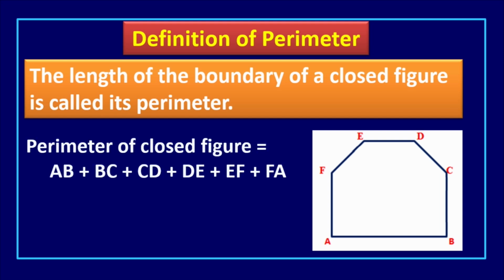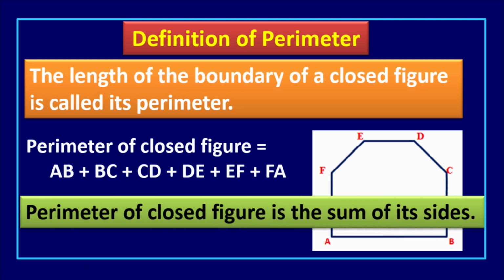Now the perimeter of this closed figure is given by the sum of all its sides, that is AB plus BC plus CD plus DE plus EF plus FA. So perimeter of a closed figure is nothing but the sum of its sides. So children, perimeter of any polygon is nothing but what? Sum of the lengths of its sides.